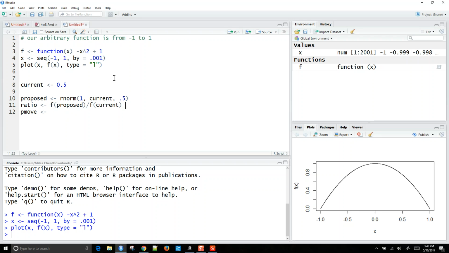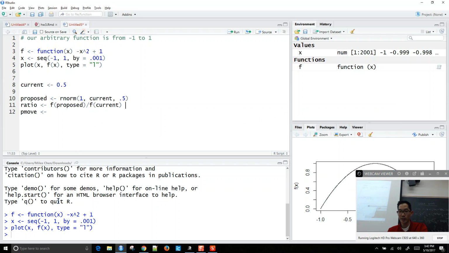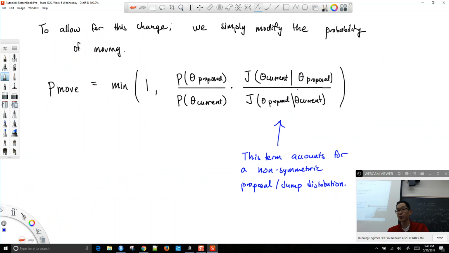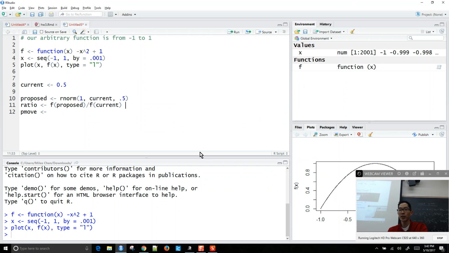And if it were Metropolis-Hastings, I would have to also multiply this by this term, right? But right now, because my proposal distribution is the normal distribution, I don't have to worry about that. Is that okay? So I'm just proposing a random value, okay? And the probability of moving is going to be the minimum between 1 and the ratio that I have.